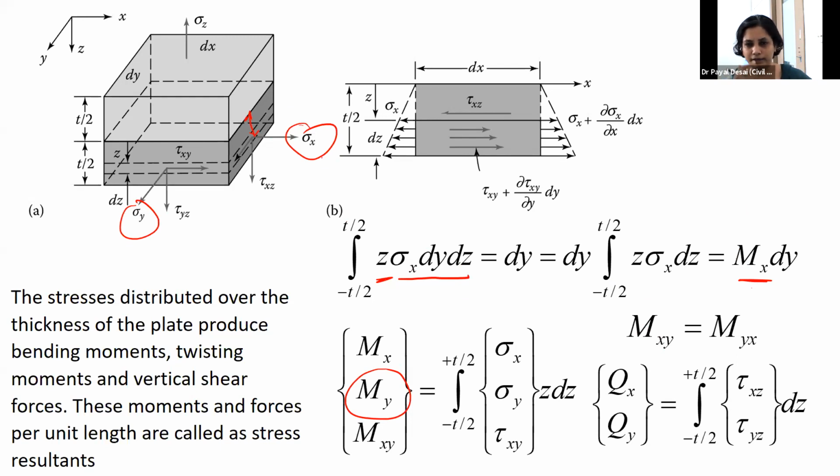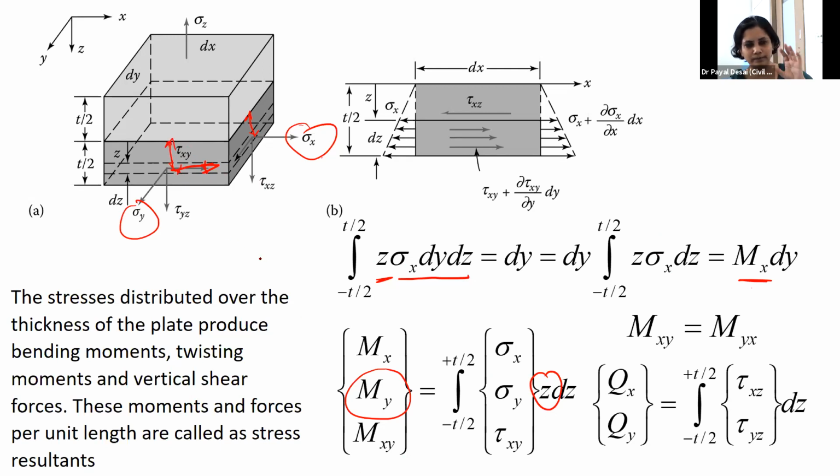Now the third quantity, that is tau xy. If you integrate tau xy, this force will also produce a moment. If you integrate with respect to the thickness, this is a lever arm, that Z. If you multiply that with Z, tau xy and the cross sectional area, you get basically the twisting moment.